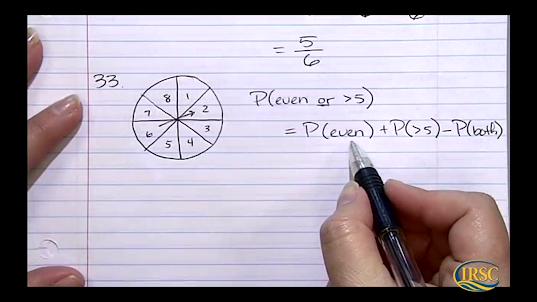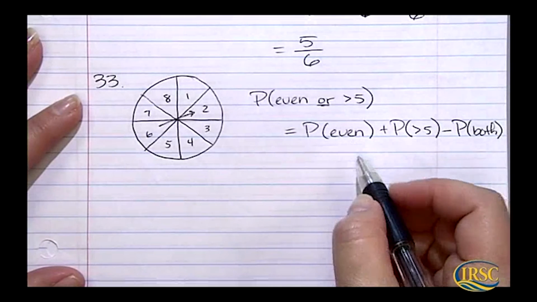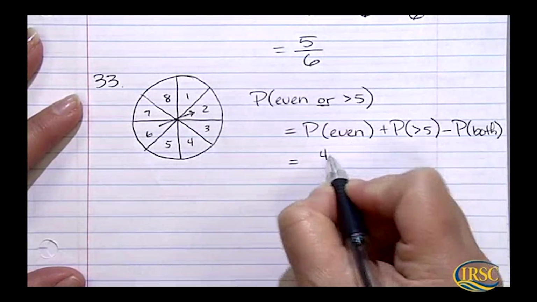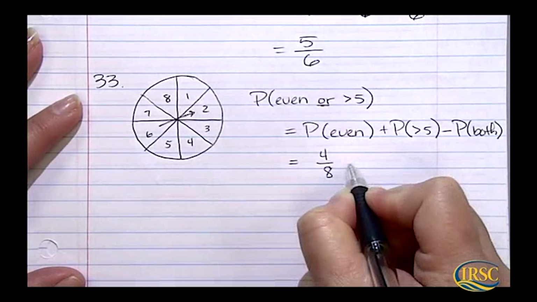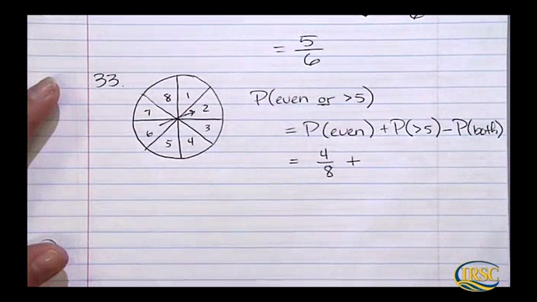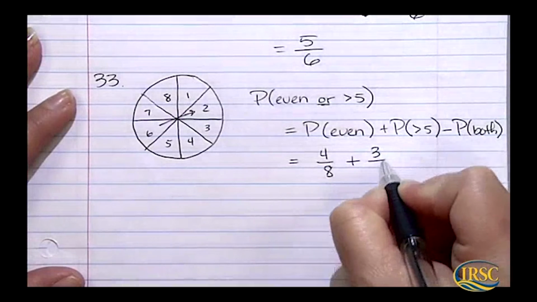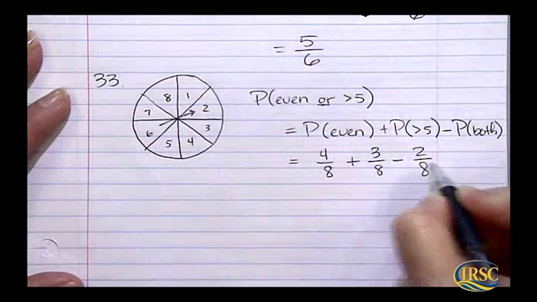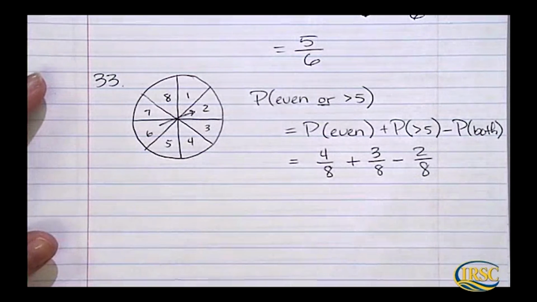Okay, so the probability that you would get an even number, 4 out of 8. Okay, the probability of a number greater than 5, what was that? 3 out of 8. And the probability that you have both, 2 out of 8. Any questions on where those numbers come from?